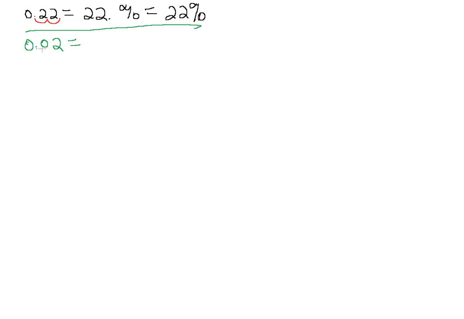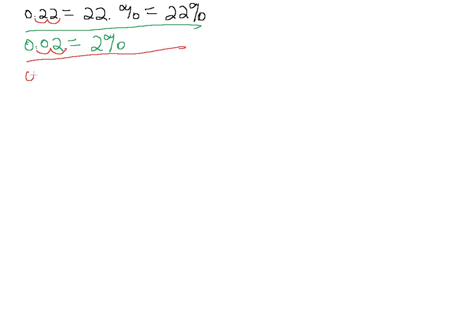But if they're to the left of the decimal point, we actually use one. And if they're between a decimal point and a number, we have to put them there. This is very evident in this example, because to make this into a percent, we move the decimal point 2 places to the right. And this becomes 2, and we tack on our percent sign. So 0.02 is the same as 2%.